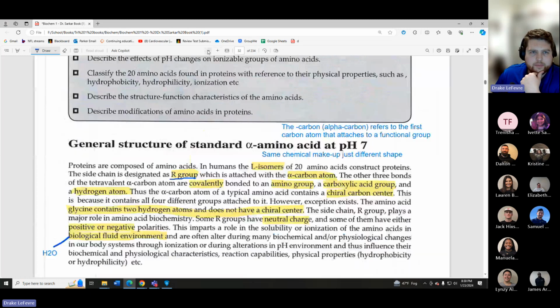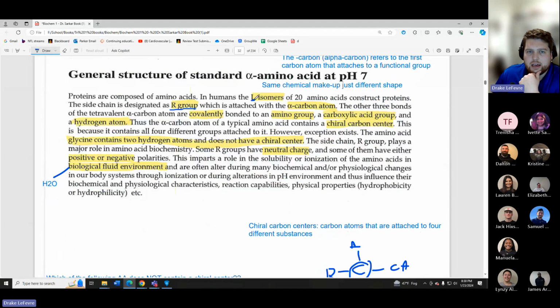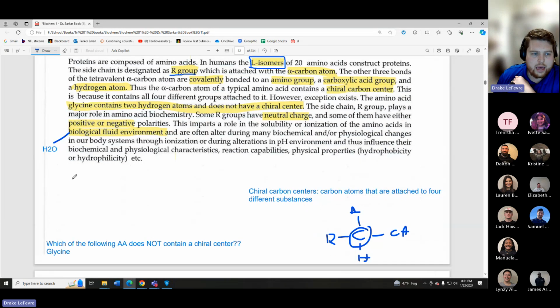So with amino acids and all this stuff, you'll see L and you'll see D isomers. So with L and D, understand that in humans, we have L isomers inside of our bodies. A lot of the times in his questions, he'll put answer choices like L valine, but another answer choice is D valine.